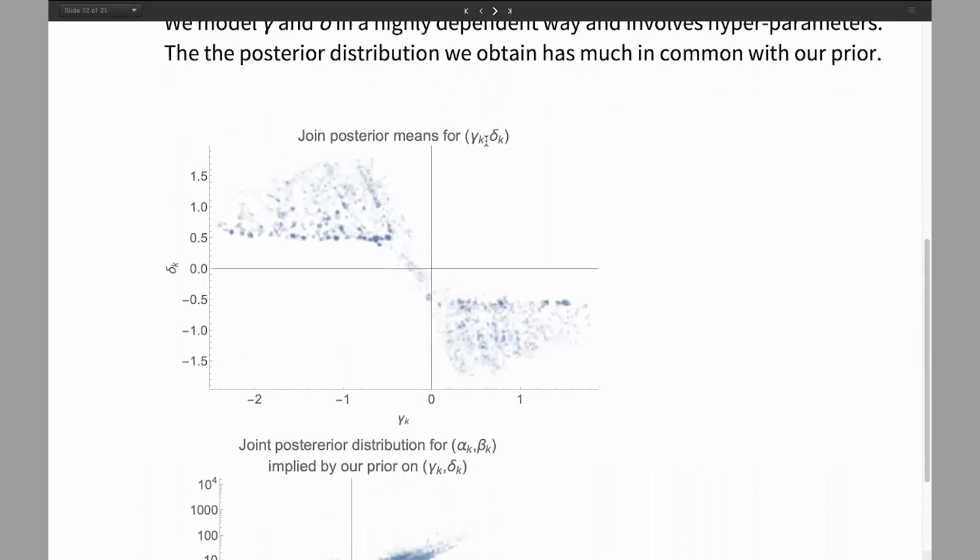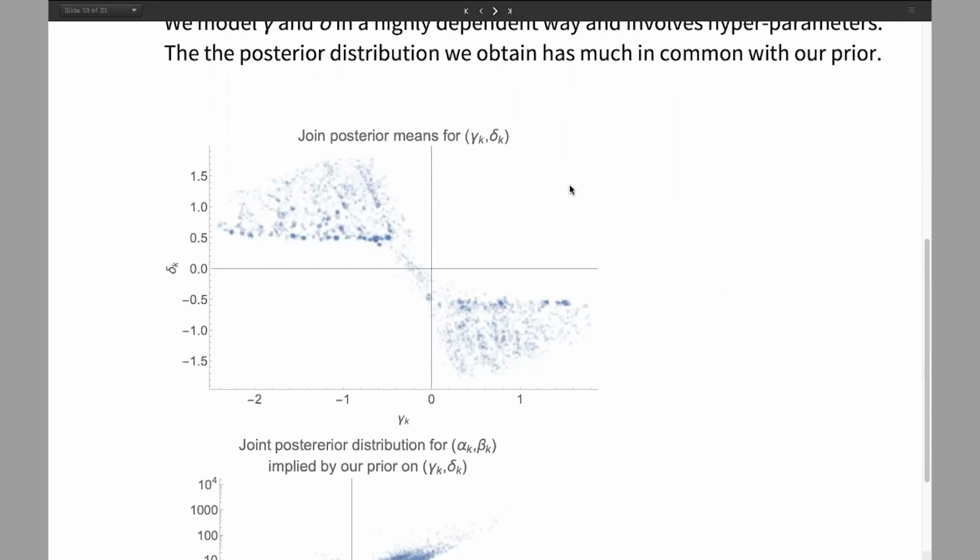Okay, so here is the posterior distribution for what we get for our parameterization. So gamma is on the horizontal and delta is on the vertical. And you will note that these are not independent in the posterior distribution. There is strong dependence. And in fact, our prior encourages that.